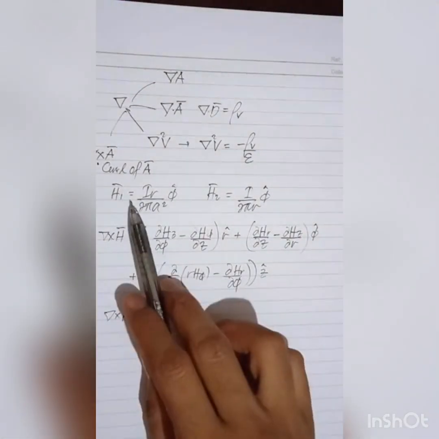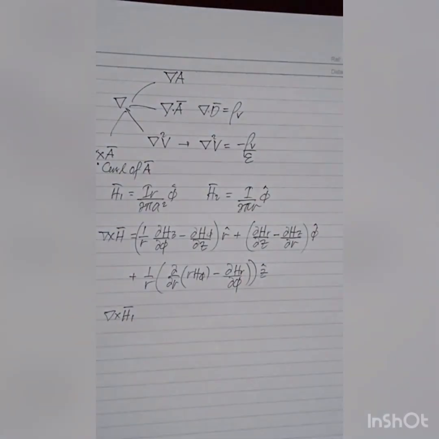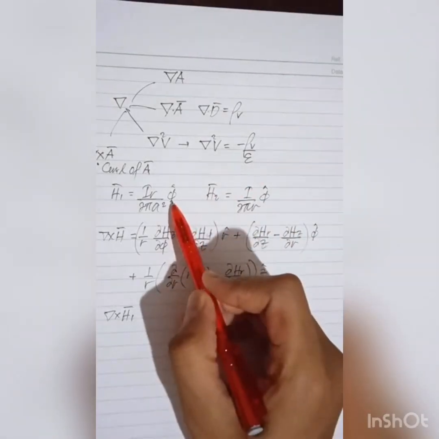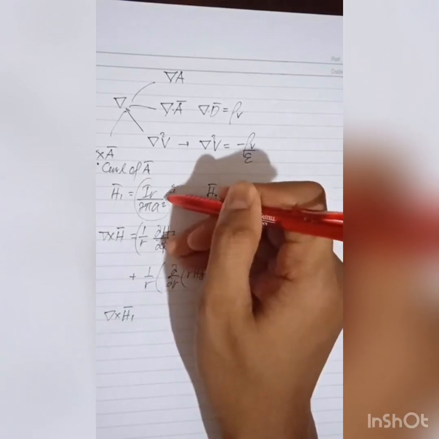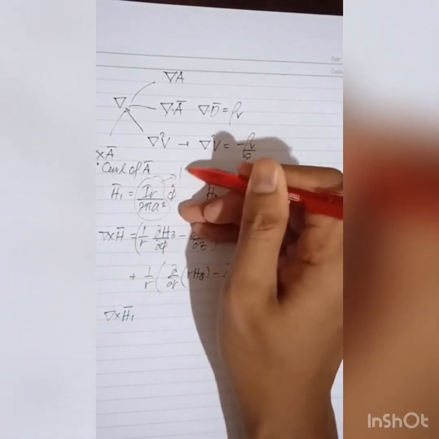So this is our H1 field. If you see closely from the equation of H1, we know that H1 only exists in the phi component. So by that, this is the value of the H phi component.